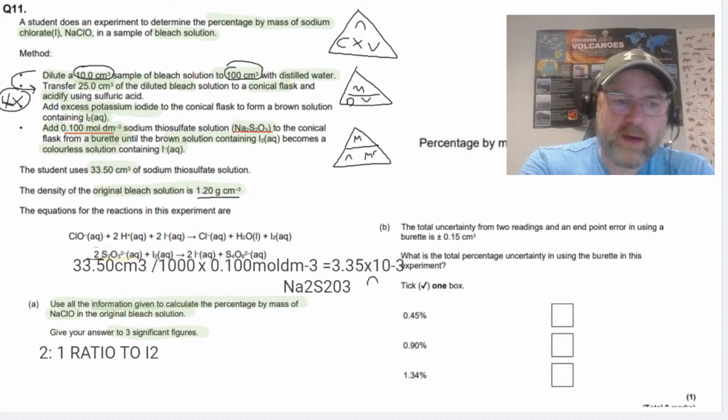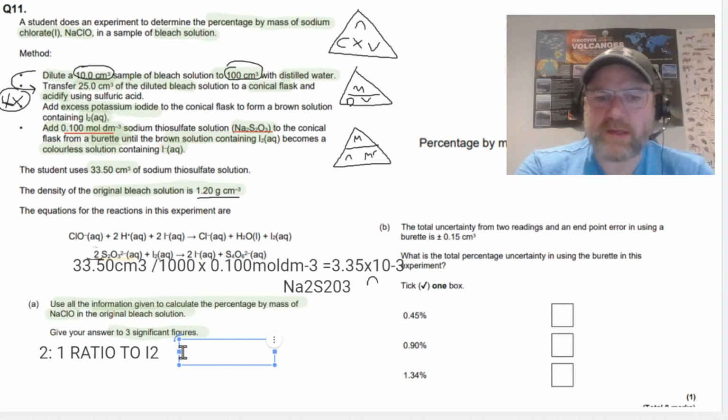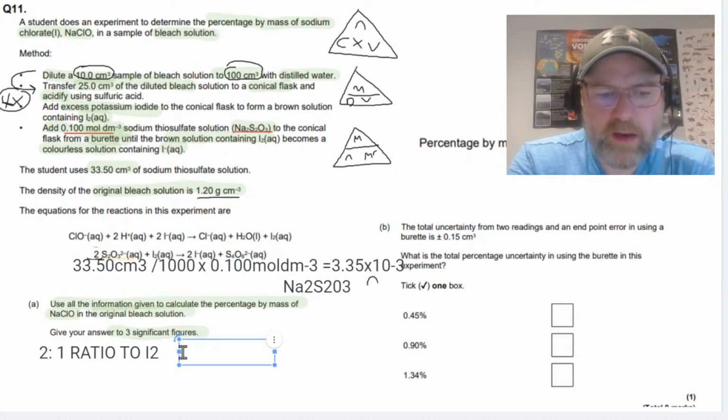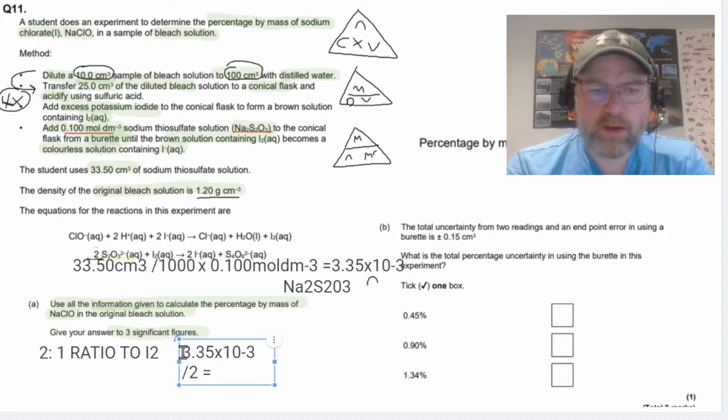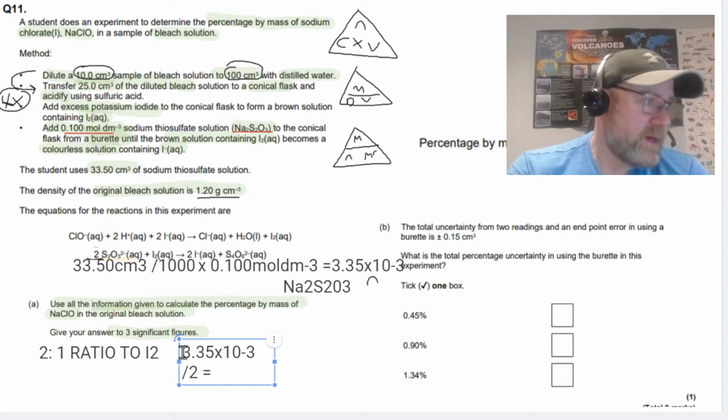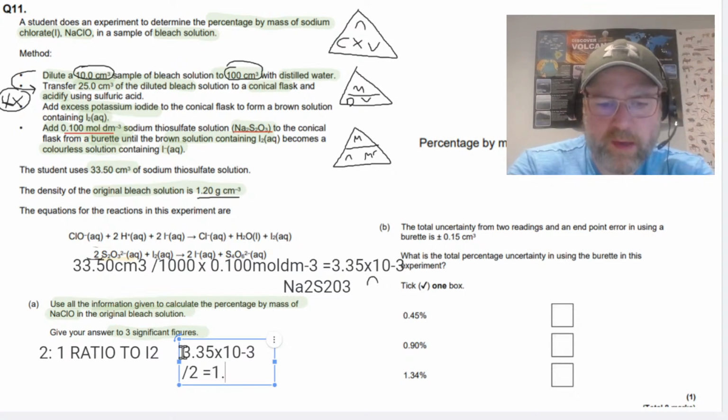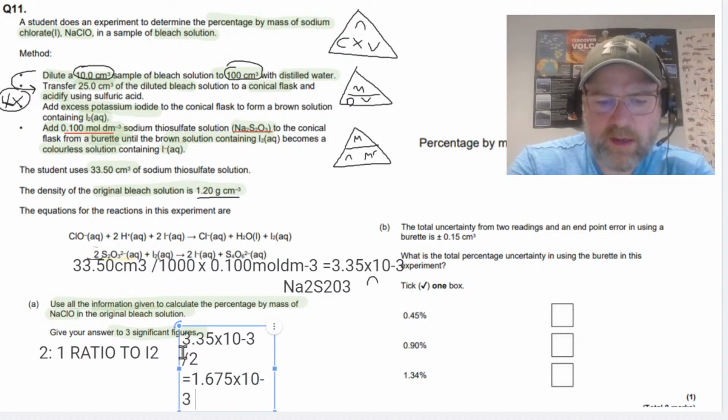So we're going to work out the moles of iodine, so we're going to divide that by 2. 3.35 times 10 to the minus 3 divided by 2 equals my moles of iodine, which is 1.675 times 10 to the minus 3, and that is moles of iodine.